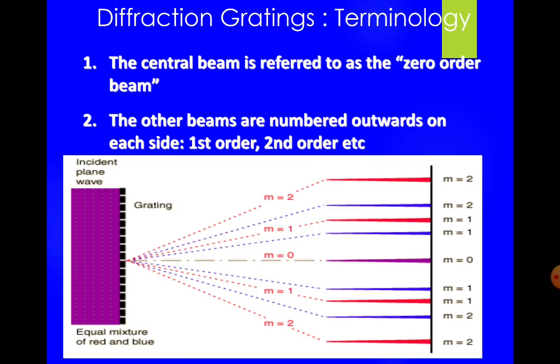We have purple light, and purple light consists of red and blue light. In the middle we keep the purple light, but then the light is going to split up. So let's just consider the red. Let's say we only have a red laser.